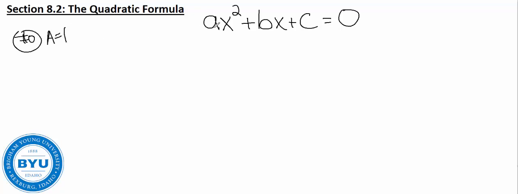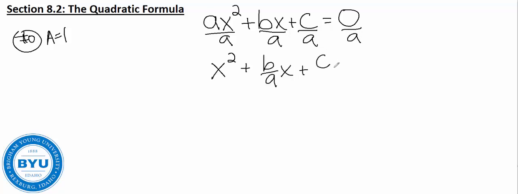Right here we have an a. So the first thing we would need to do if we were going to solve this symbolically is divide each value by a, including the 0. Here the a's cancel out and we're left with x squared plus b over a x plus c over a equals 0, because 0 divided by a is just 0.